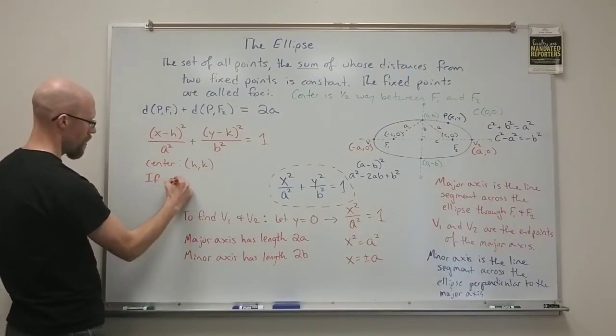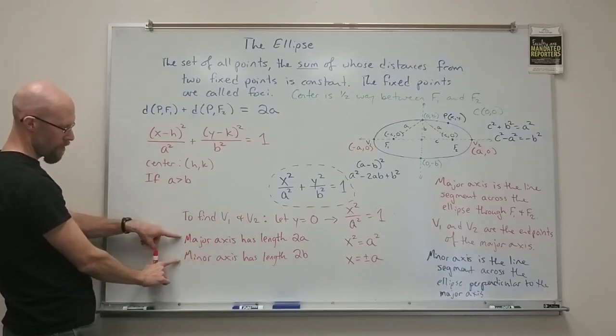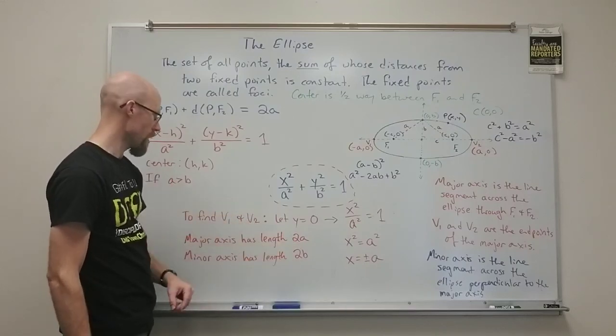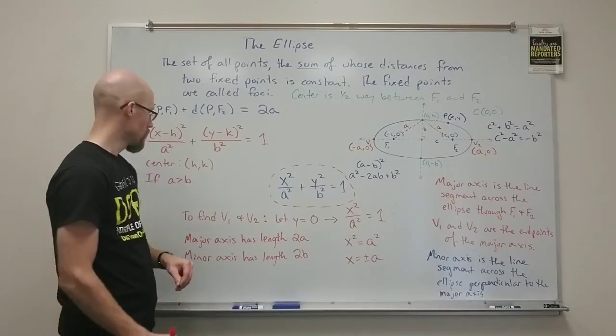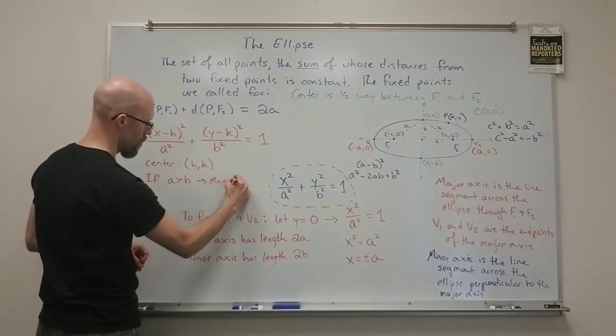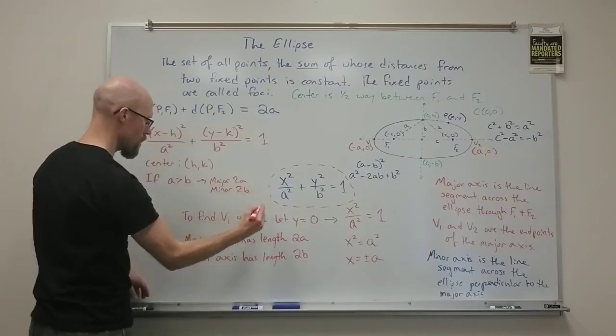If a is greater than b, then you have this relationship here, where the major axis is 2a and the minor axis is 2b. So major is 2a, minor is 2b.